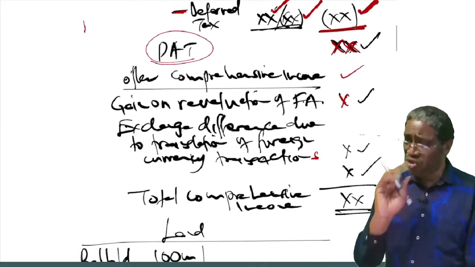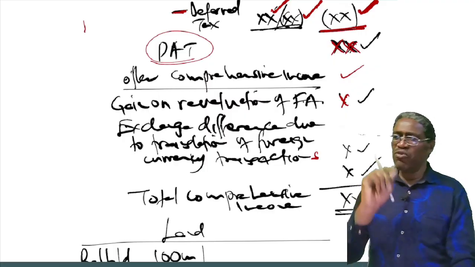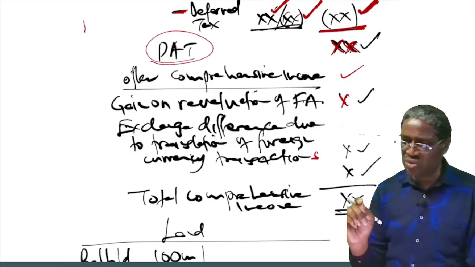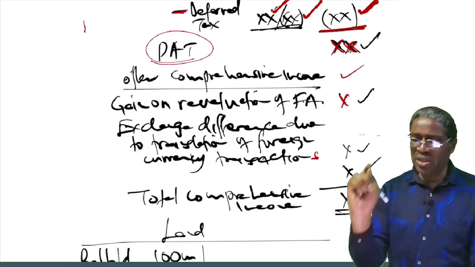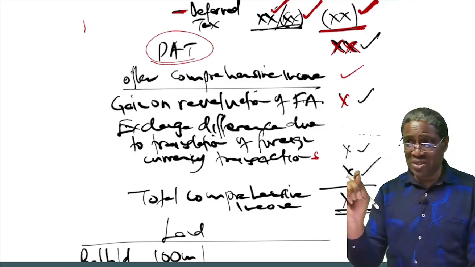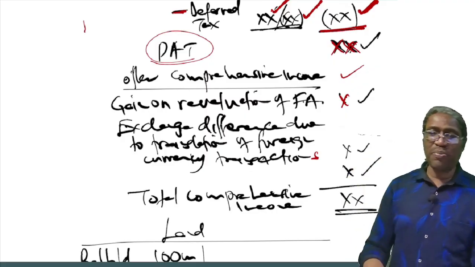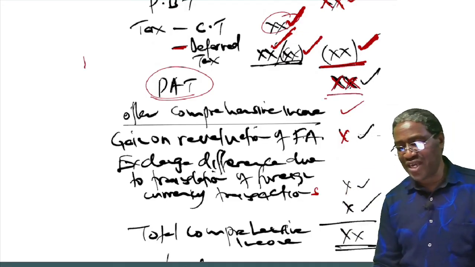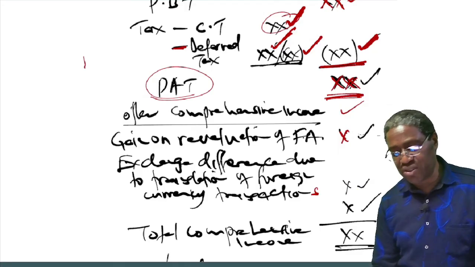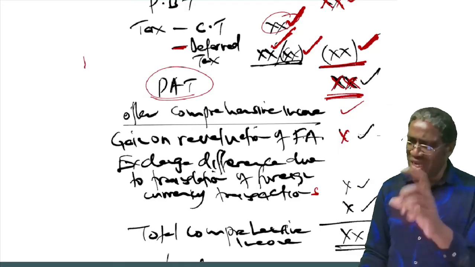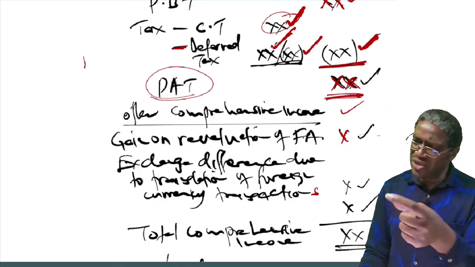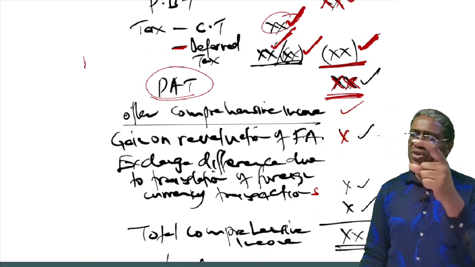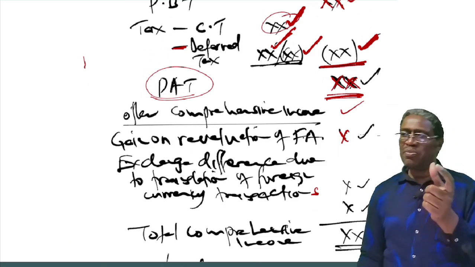Then I told you this, listen, if you are given this kind of a question and you are told number 1, prepare income statement, then I told you, you stop after getting the profit after tax.